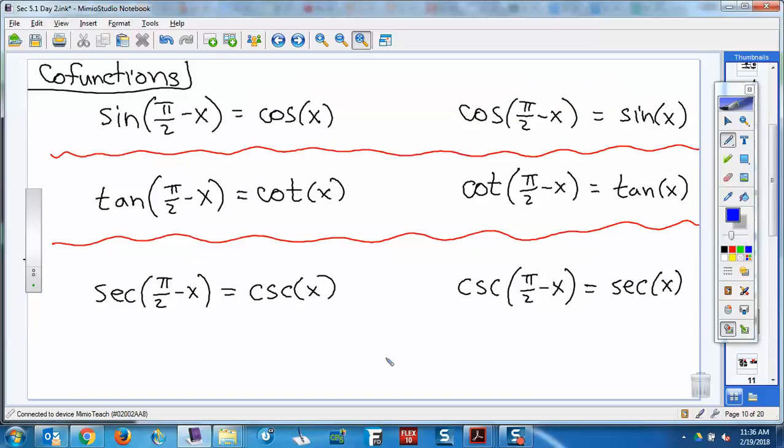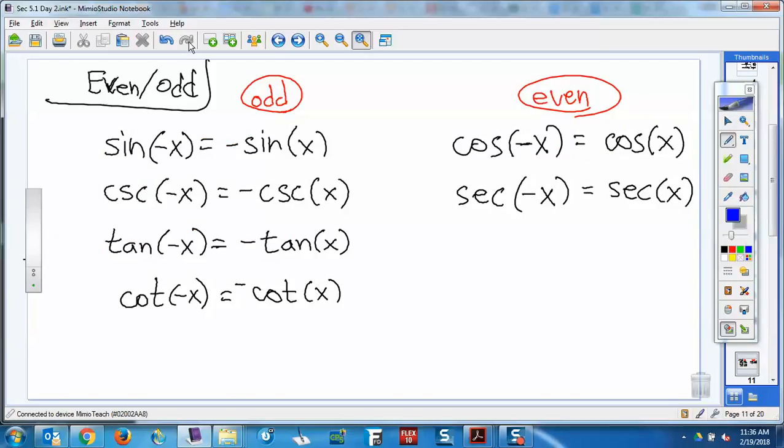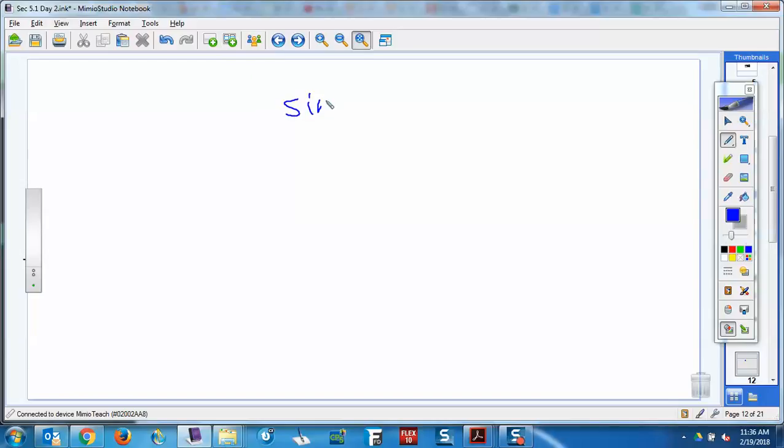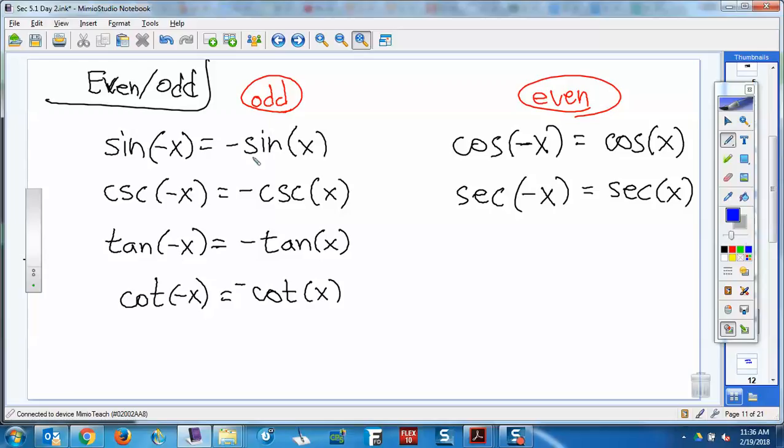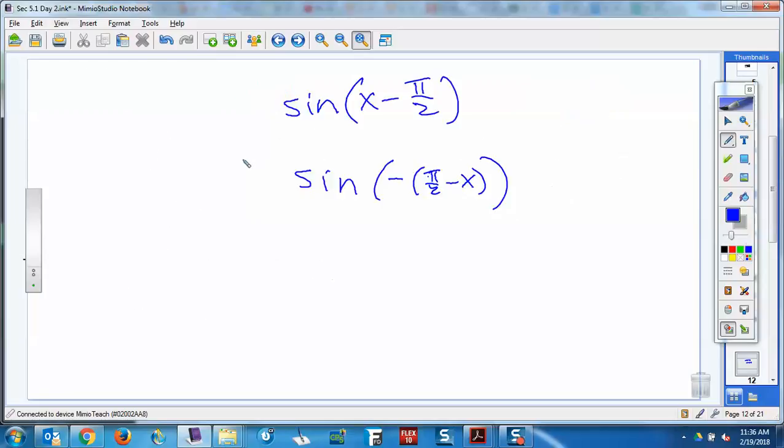Okay, now think about this page combined with this page. I could have sine of x minus pi halves, and I could recognize that, hey, that's that 90 minus x thing, but it's backwards. So how could I make that flip around? I could take out a negative, and so I would have this. But what did we just say? Sine of a negative on the inside, that negative can come to the outside.